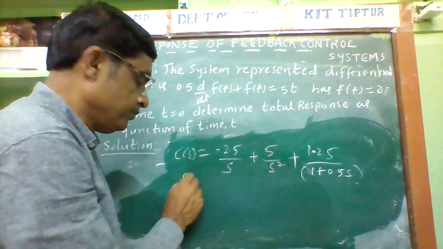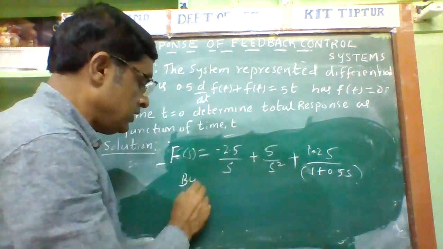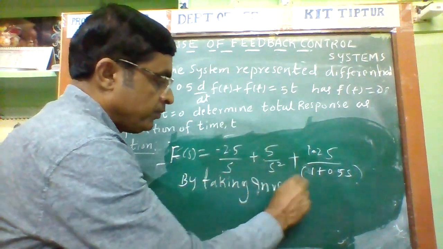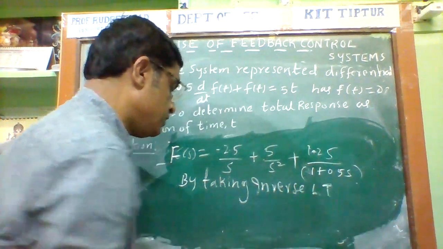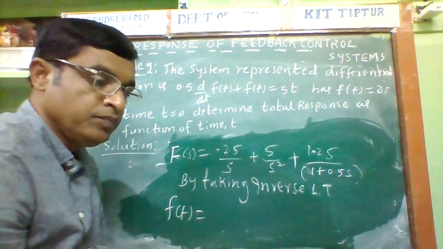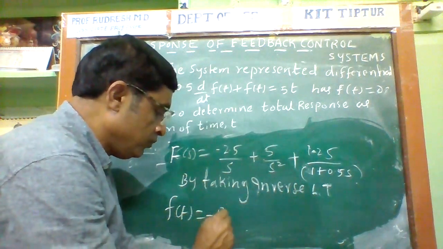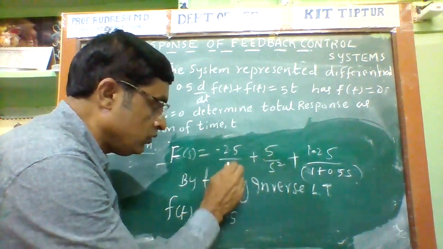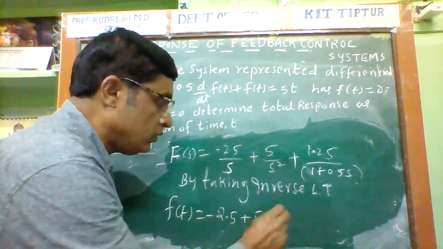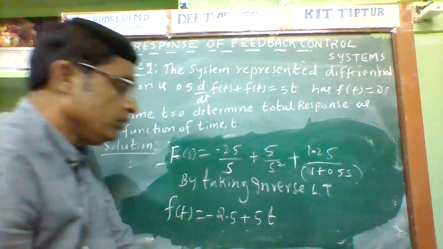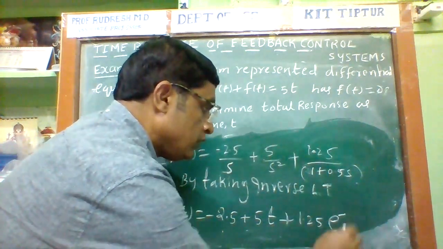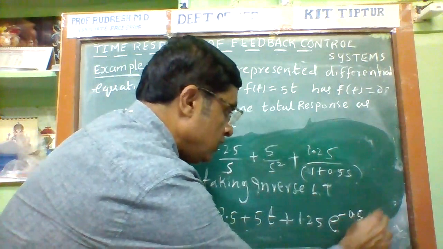By taking the inverse Laplace transform, f of t is equal to minus 2.5 into 1, the inverse Laplace transform of 1 by s, similarly plus 5 into t plus 1.25 e to the power of minus 2t.